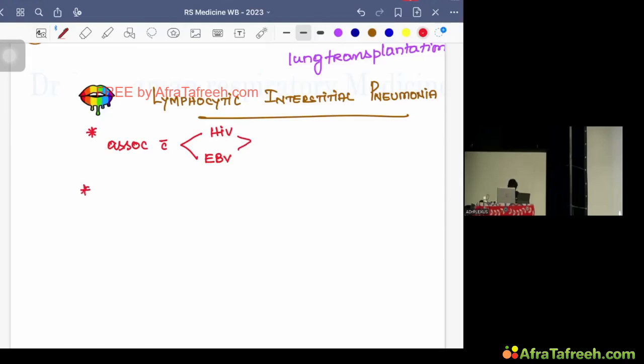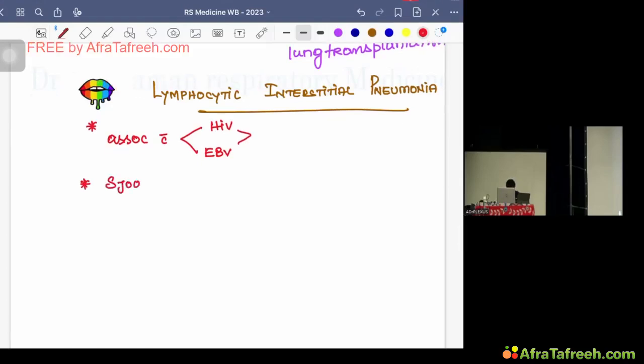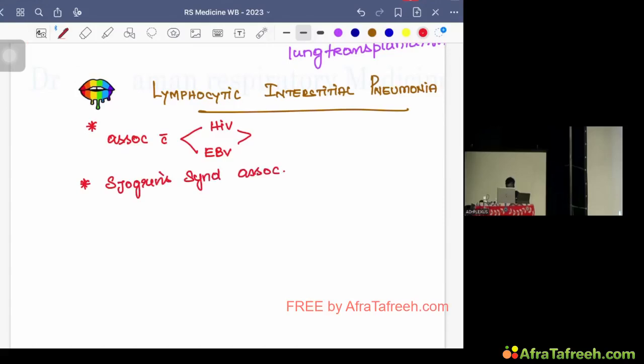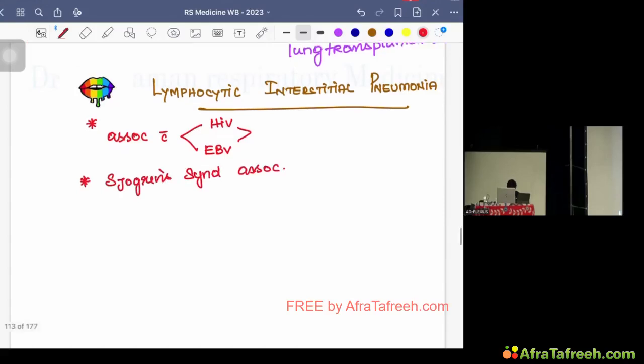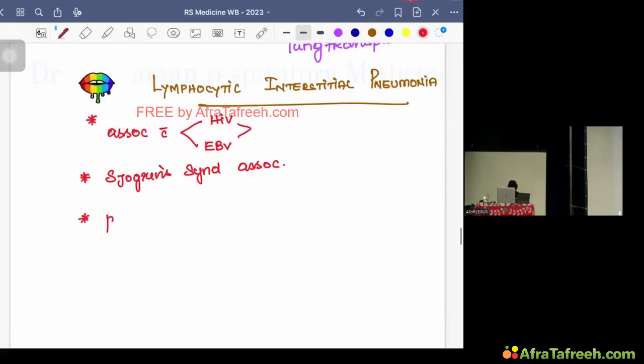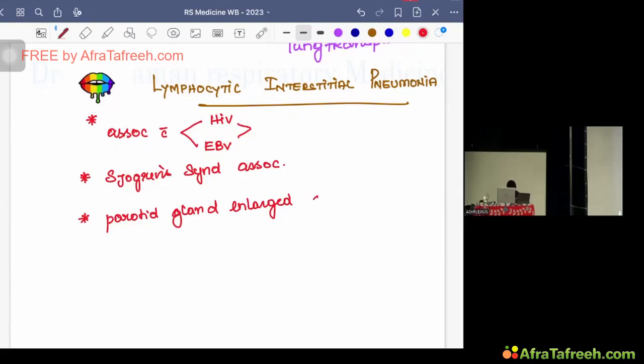And this condition is having close relation with another one, connective tissue disorder. Which one? Sjogren's. It is associated with Sjogren's syndrome. Here the patient will typically present with parotid gland enlargement, with lymphadenitis.